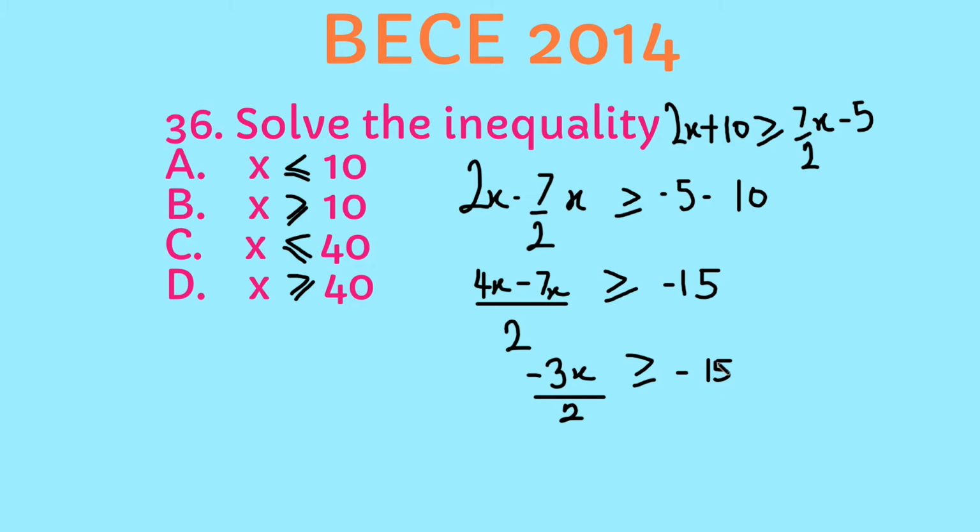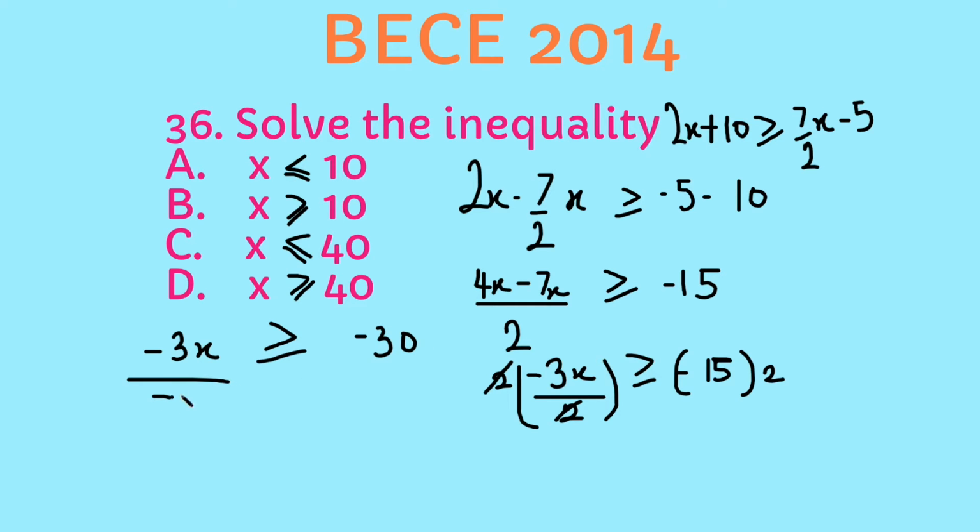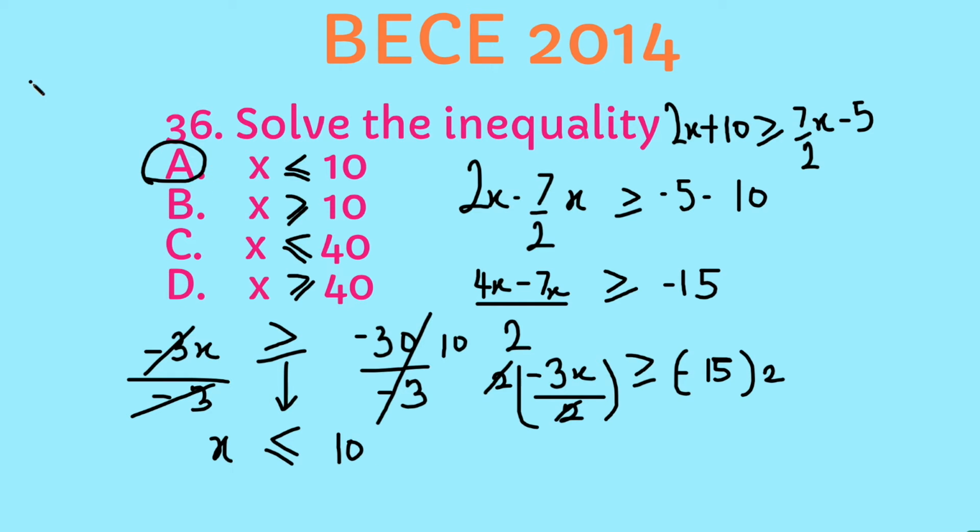We now have negative 3x/2 is greater than or equal to negative 15. Note, as I've said in so many other videos, that anytime you're solving an inequality and you divide by a negative number, the sign of the inequality changes direction, which we have in this case. Our final answer being A.